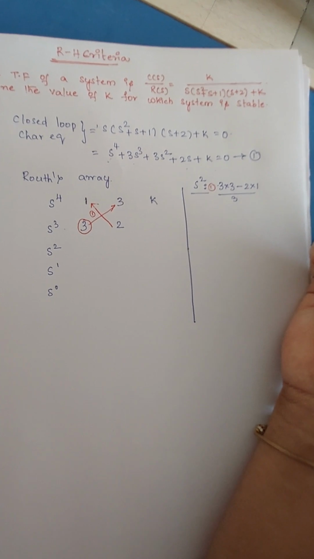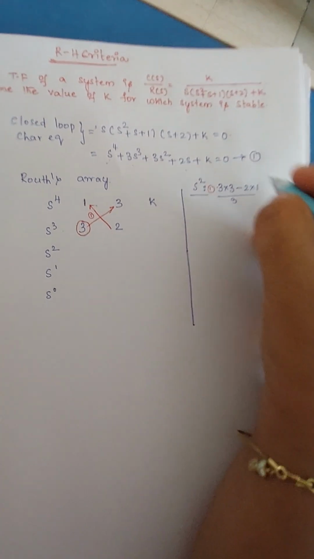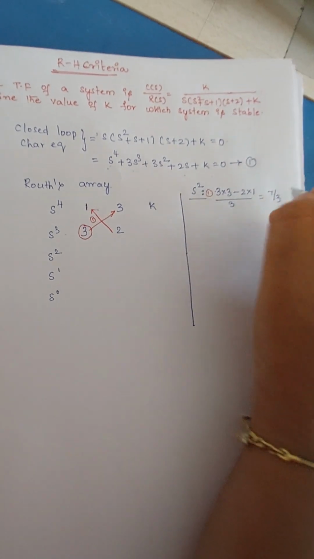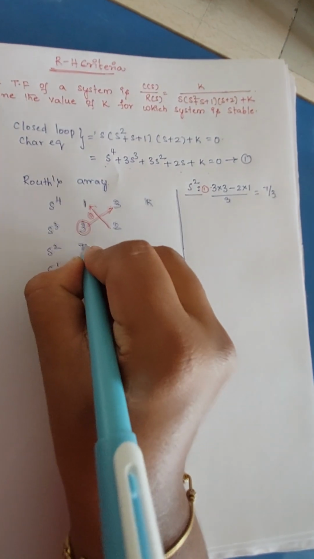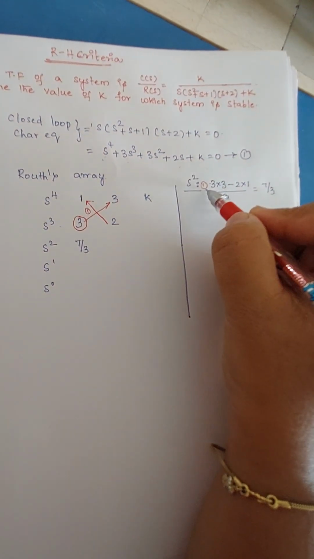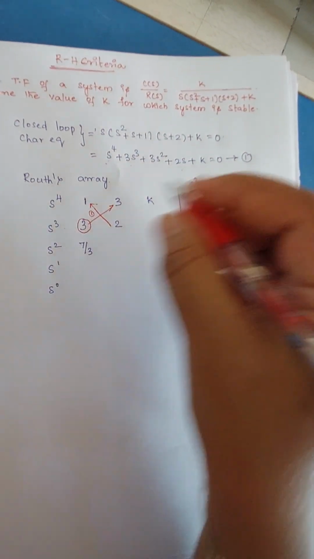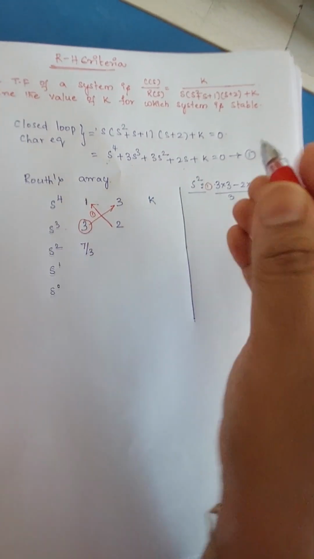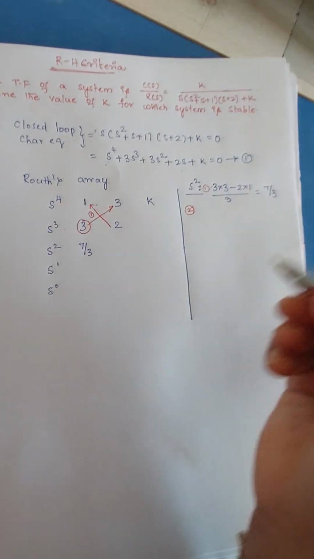So it is going to be given by 7 by 3. Now coming to this, the first element is given by 7 by 3. And for the same s square row, we may have another column also here, so we can formulate the second term also.